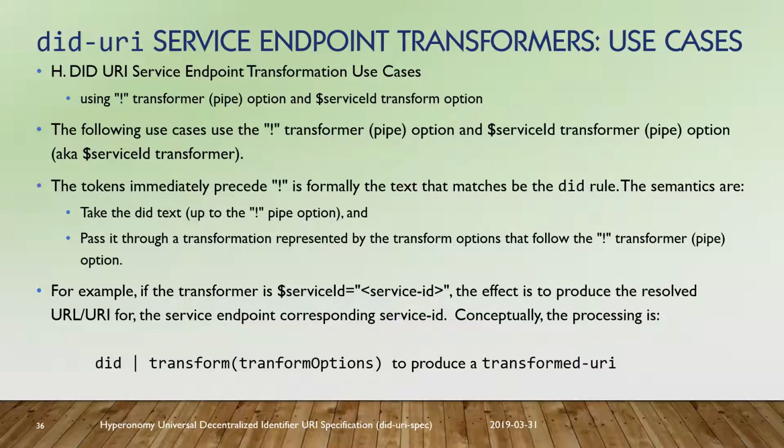So for example, if the transformer is service ID equals, and then quotes some service ID, the effect is to produce the resolved URL for the service endpoint corresponding to the service ID. So conceptually, we take the did, we pipe it, and apply a transform based on the transform options, and we produce a transformed URL. This will become more clear on the next slide.